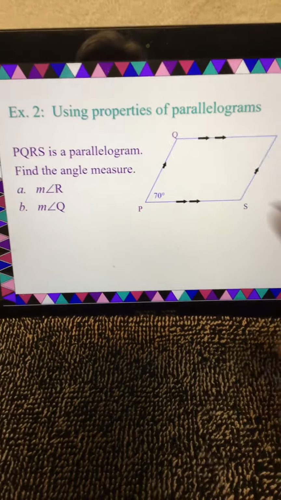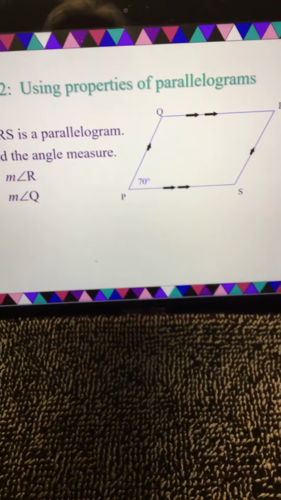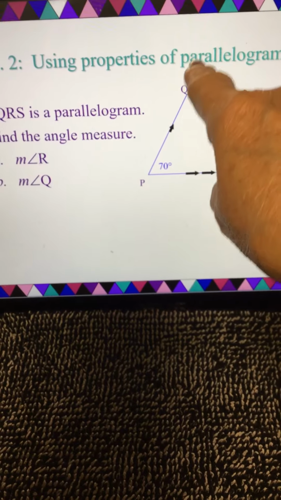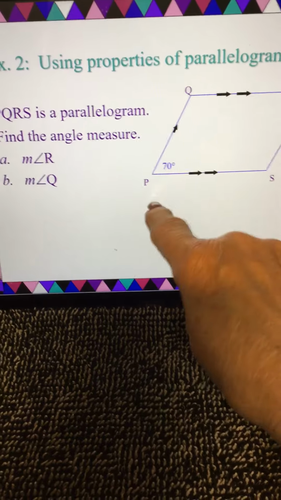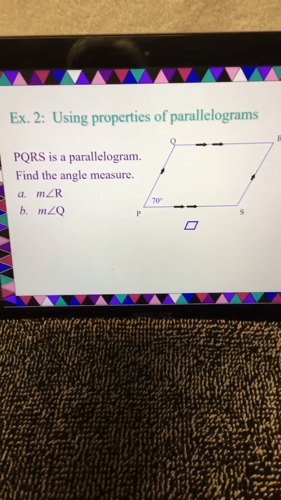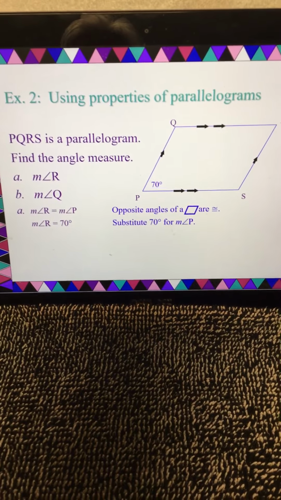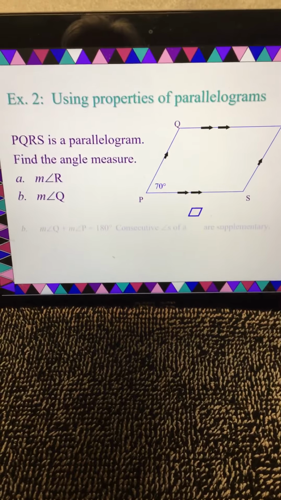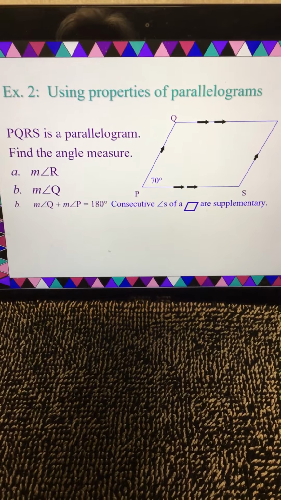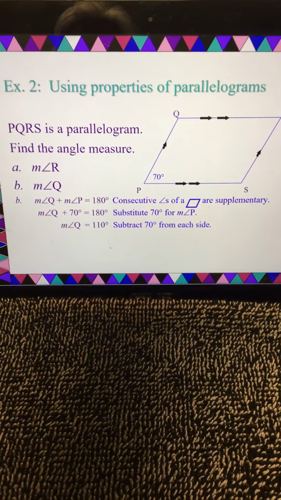And if we remember our theorems, R is opposite to P, so it would measure 70, but R and Q are consecutive. Consecutive is that supplementary relationship. So since R is opposite, it would be 70. Since Q is supplementary to P, it has to be 110.